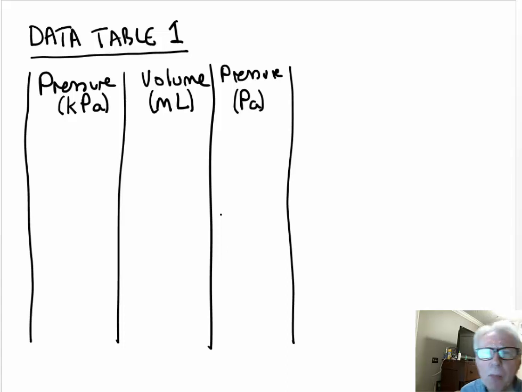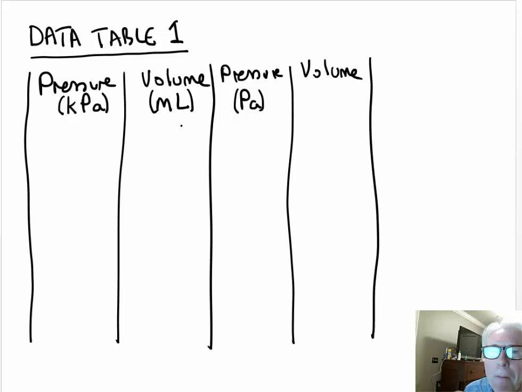I can change my units into SI units and plot that graph, or I can plot my graph in these units, and I can do a conversion at the end. For today, let's change the units. So we're going to talk about Pascal rather than kilopascal. And then for volume, I'm going to go to not milliliters, but meters cubed.